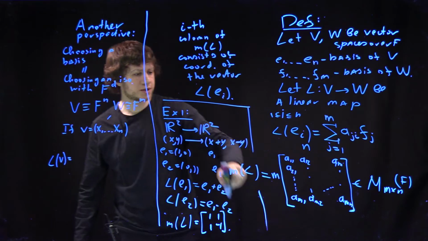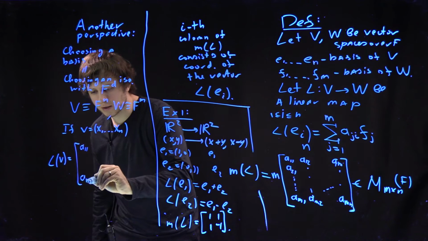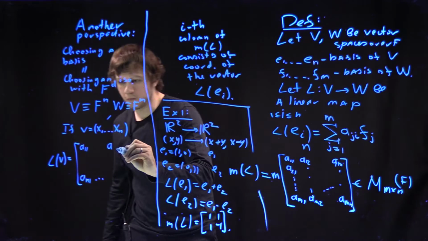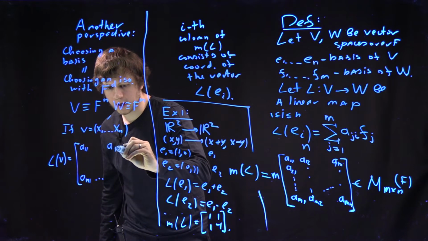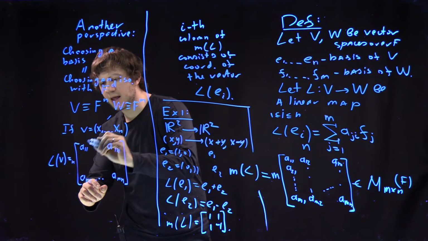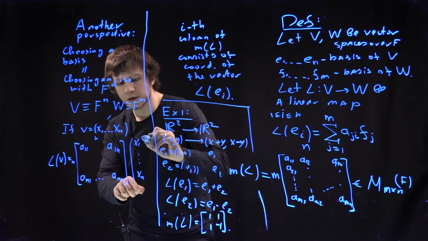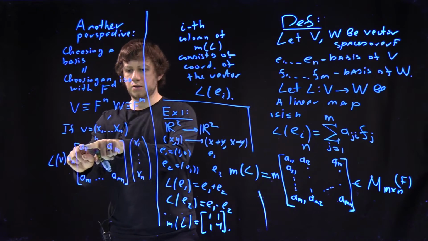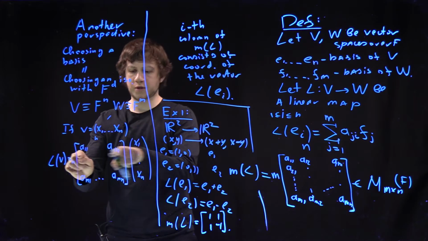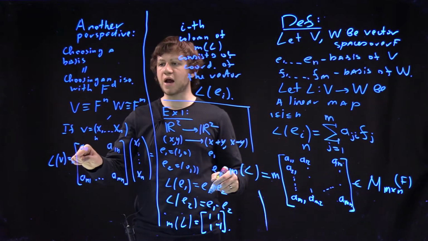You just take this matrix in this basis, A11 up to Am1, through A1n to Amn. If you have a matrix of size m by n, it makes total sense to multiply it by the vector x1 up to xn. You multiply the corresponding row by the corresponding column and so forth. And the claim is that the result is exactly the vector L of v.